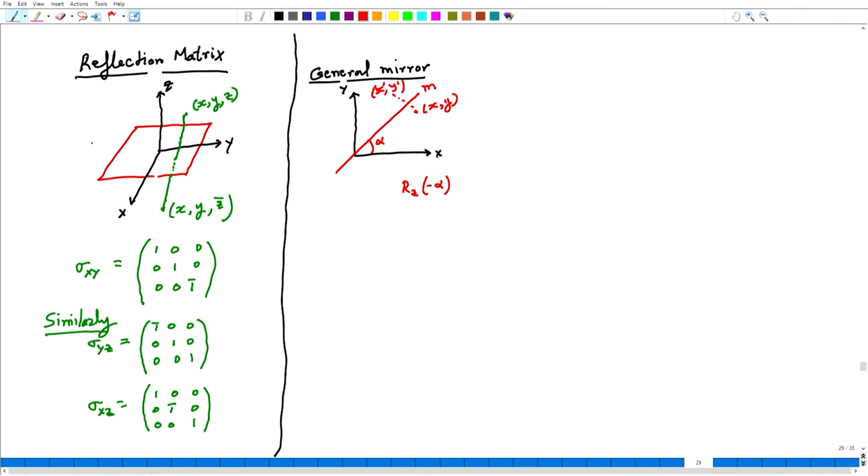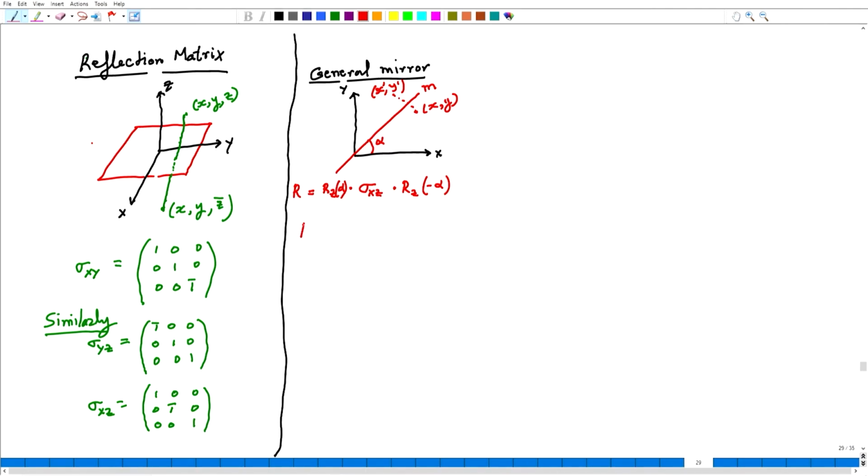Then the y axis has become normal to the mirror, and therefore I write the operation sigma xz after this. This will do the reflection on the xz plane, and then bring everything back to where we started from. That means rotate around the z axis by an angle of plus alpha, and this then would become the matrix for this mirror. Let us take this as an exercise.